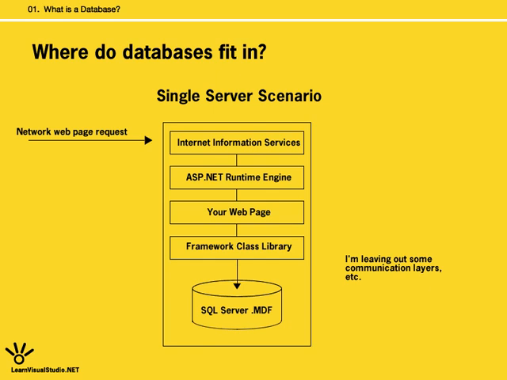ADO.NET is responsible for communicating with your database, whether to save information in, retrieve information out, delete or update, or whatever the case might be. And if, for example, information should be returned back to your application, then that will be integrated in through ASP.NET, replacing the programmatic fields of information with HTML, returning it back through Internet Information Services and back out to the original requester of the information.